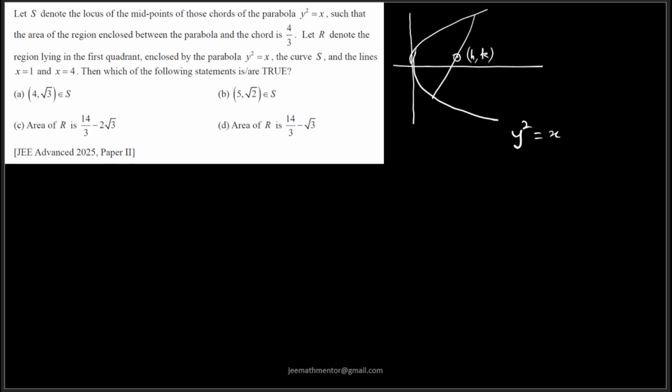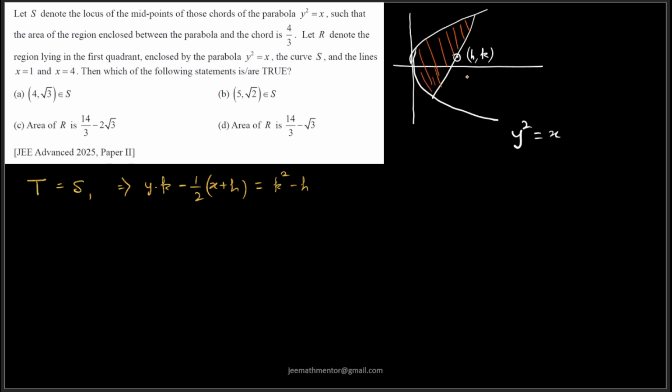Now the equation of this chord, as I said, can be obtained by applying T equal to S1, which means y squared becomes y k, minus x becomes minus half of 2x, that is x plus h, equals S1, which is k squared minus h.